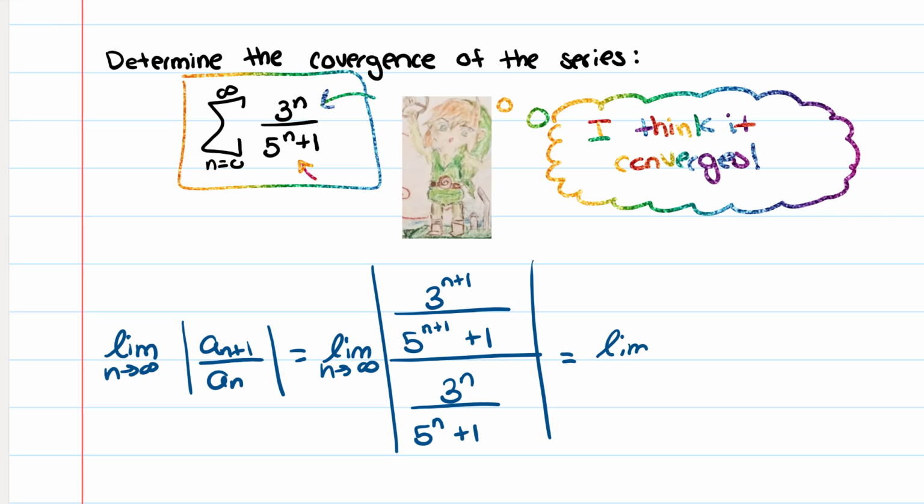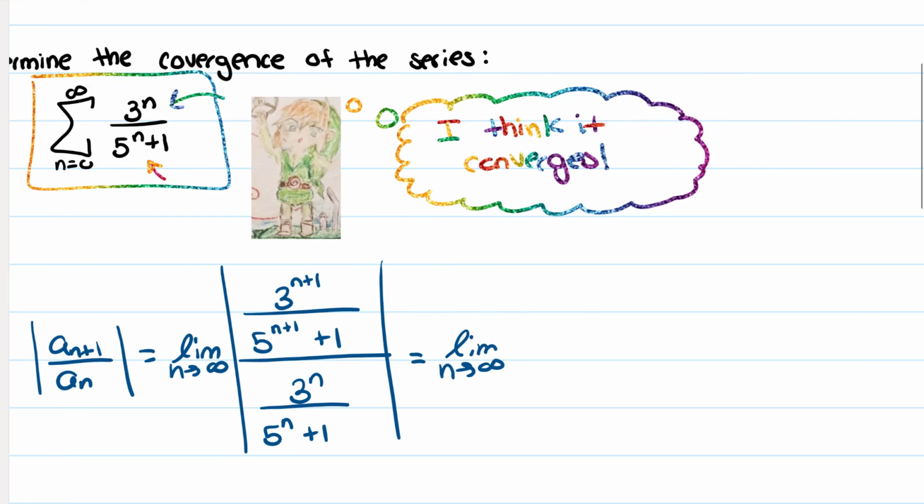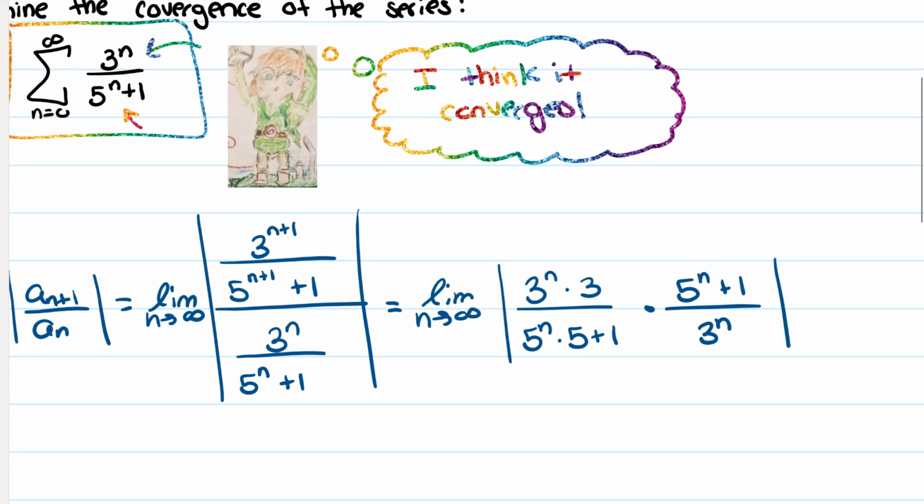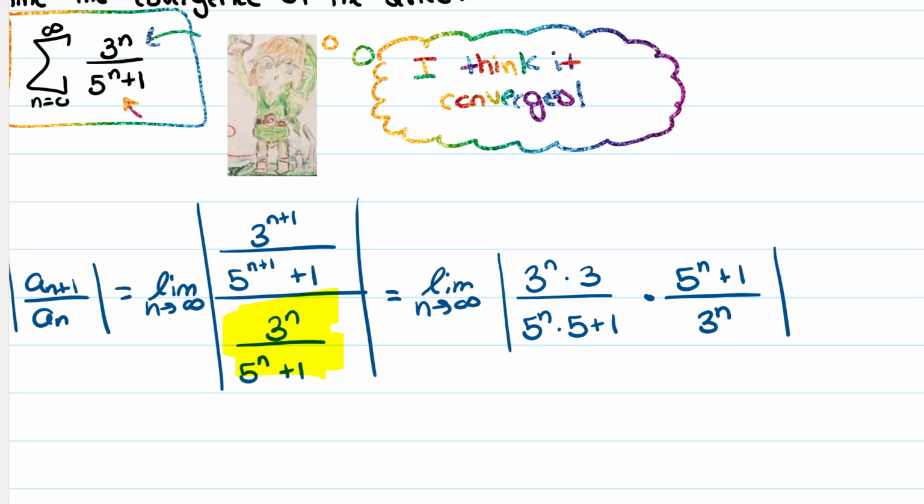So this becomes the limit as n goes to infinity of the absolute value of 3 to the n times 3 over 5 to the n times 5 plus 1, times 5 to the n plus 1 over 3 to the n. And the reason I do this is I'm multiplying by the reciprocal of this here.